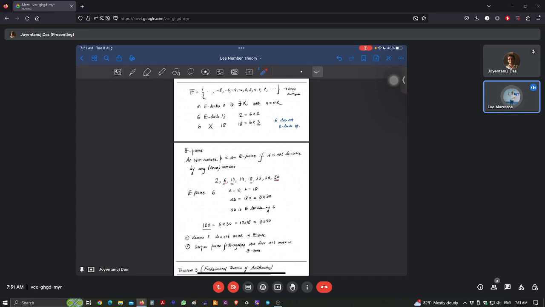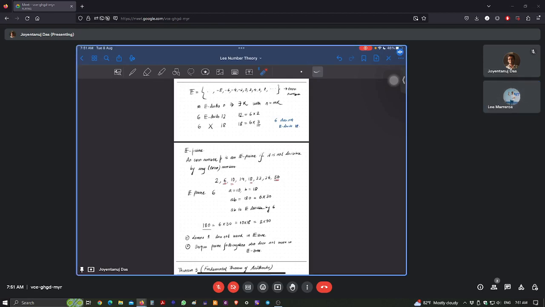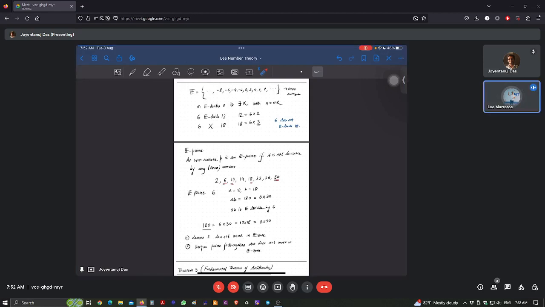If the factors don't belong to the zone, that would be an E prime. So for example, if I consider 28, is it an E prime or not? 28 is not a prime.